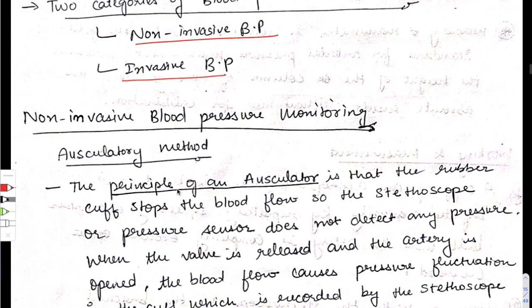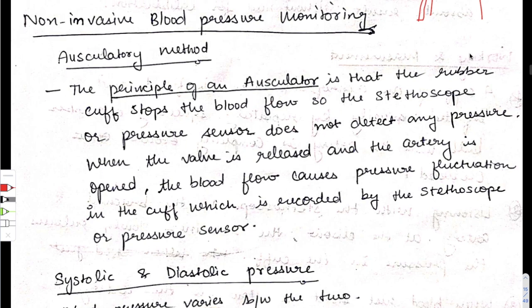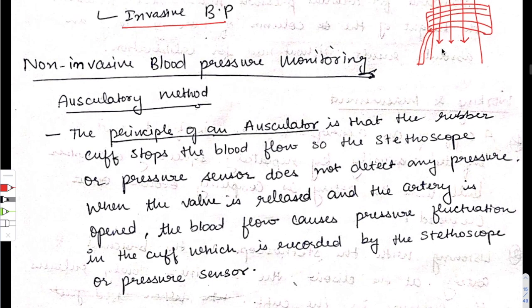What it is trying to say is, suppose it is our arm, like when we go to the hospital for blood pressure measurement. We have seen that they tie a cuff around our arm, and then they inflate this cuff. When the blood flow stops, they release it.